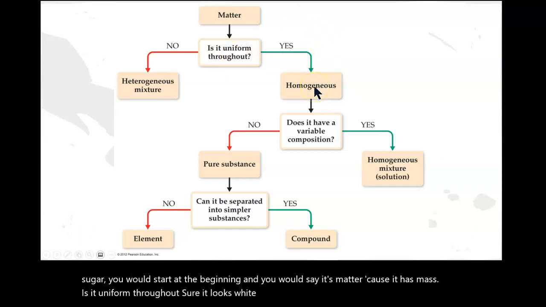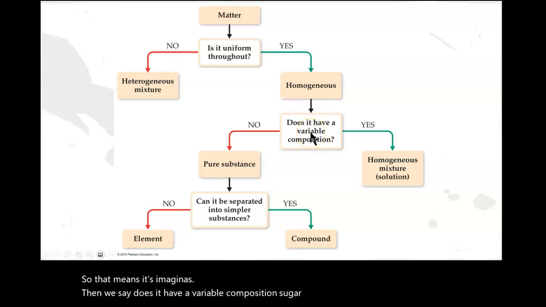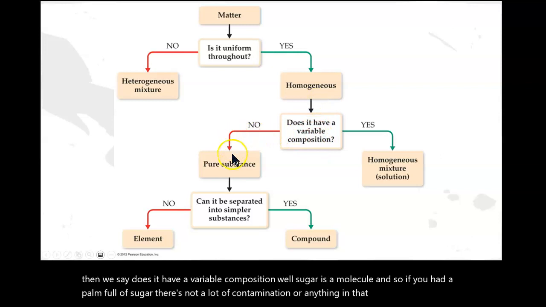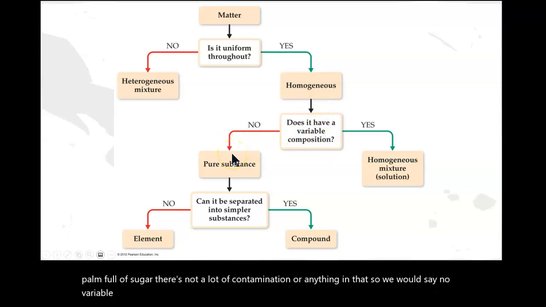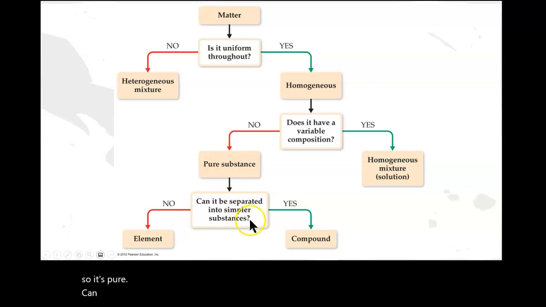So that means it's homogeneous. Then we say, does it have a variable composition? Well, sugar is a molecule. And so if you had a palm full of sugar, there's not a lot of contamination or anything in that. So we would say no variable composition. Every atom, every molecule is the same thing. Every particle is the same thing. So it's pure.